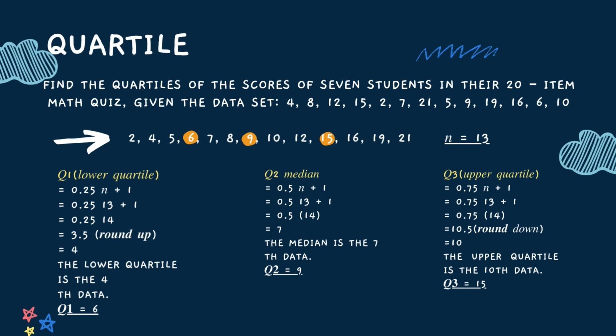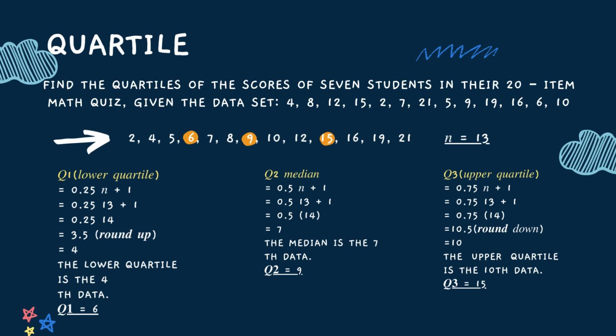So first we have 2, 4, 5, 6, 7, 8, 9, 10, 12, 15, 16, 19, and 21. As we have discussed earlier, n is equal to the total number of data. From 2 to 21, the number of data is 13, as you can see here.